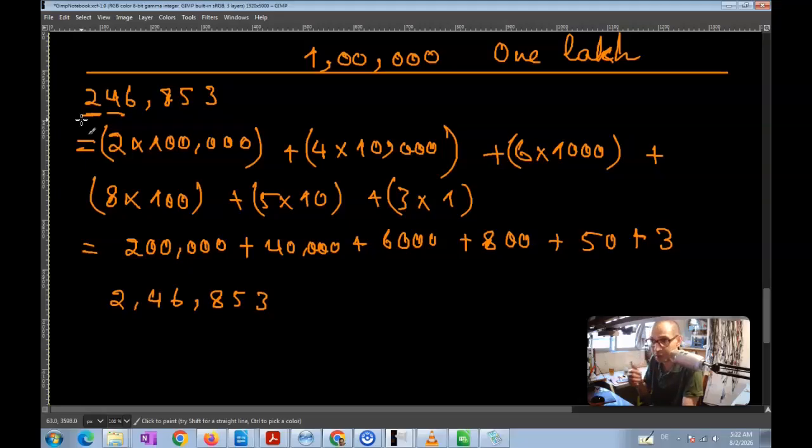I don't remember the name, but based on that standard that we use in the English language, or in mathematics, the number is read as 246,853, right? But if you were to read the number based on the Indian system, first of all, you would have to add a separator after the 2, and then you would read the number as 2,46,853. Okay.